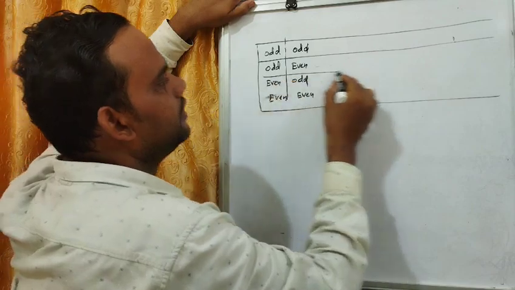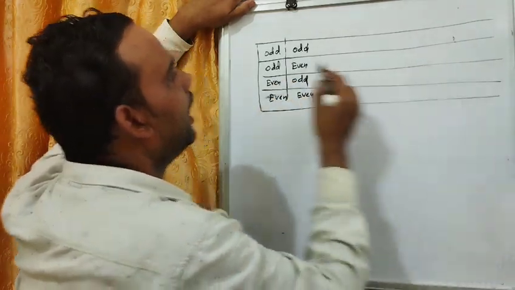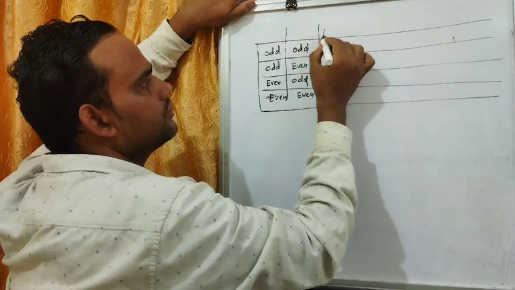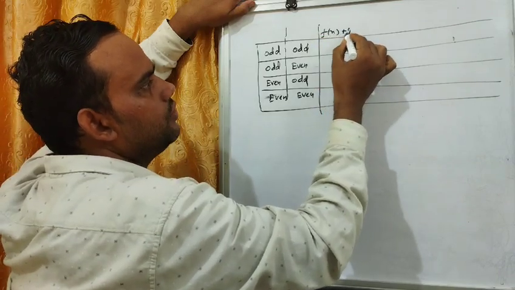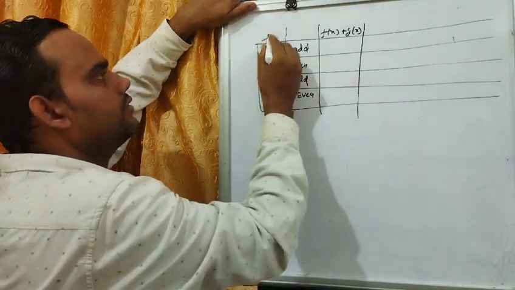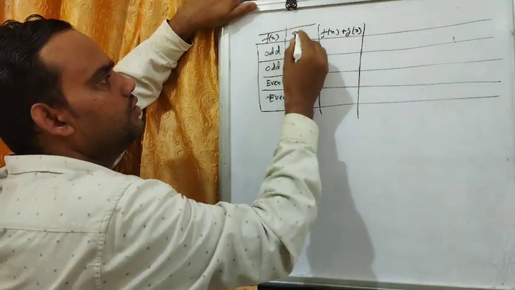To understand better, we make a table like this, and here we write f of x plus g of x.